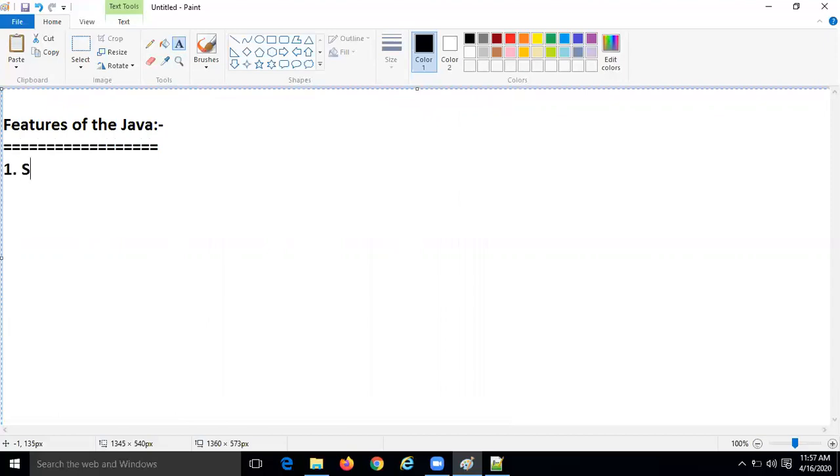One is simple. See, Java is simple. Many people think that Java is complicated. But Java is simple. They are giving one symbol for Java, right? A cup of coffee. Whenever you want to relax, some refreshment, then you can take a cup of coffee.